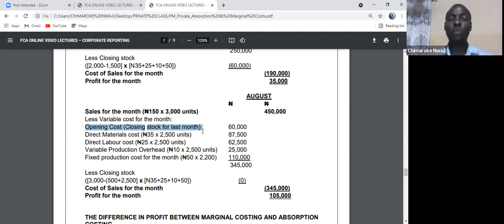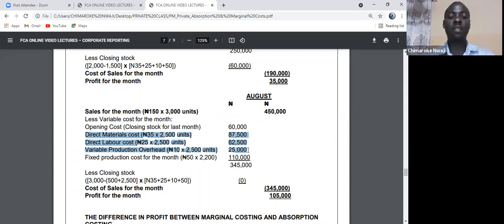So the closing of 60,000, this 60,000 is what is being carried here. Remember, this 60,000 was valued at 120, and so it is being carried at 120 here. Now your direct material cost, all of these did not change up to this point. It's the same thing we did in marginal costing.